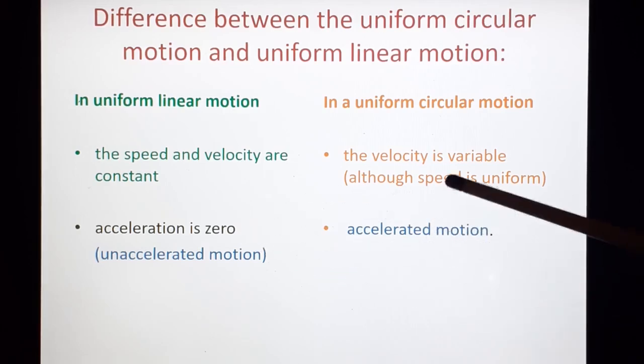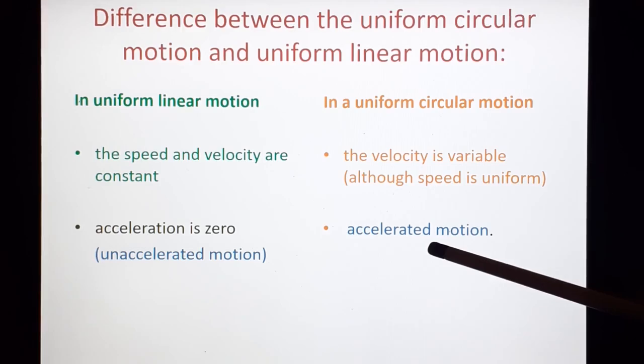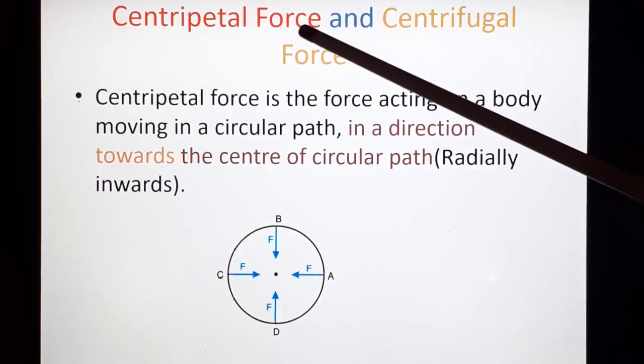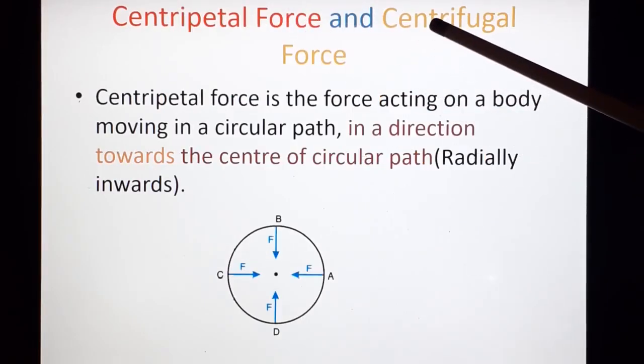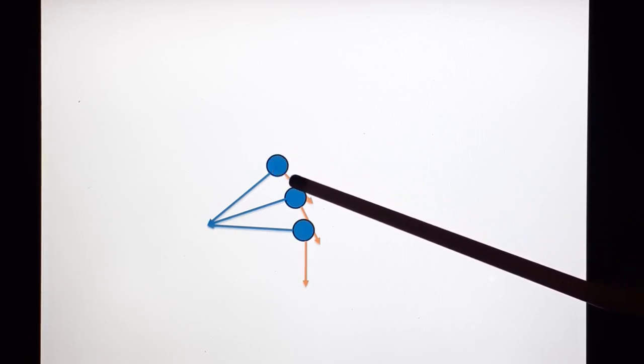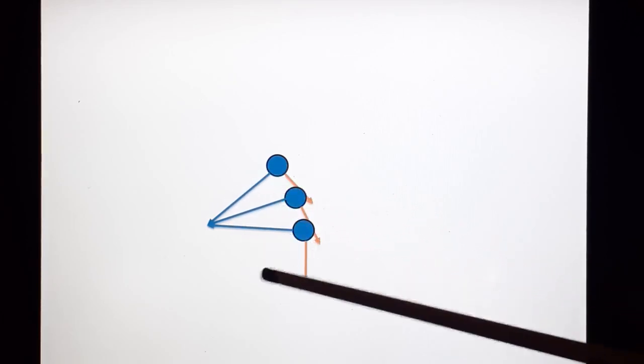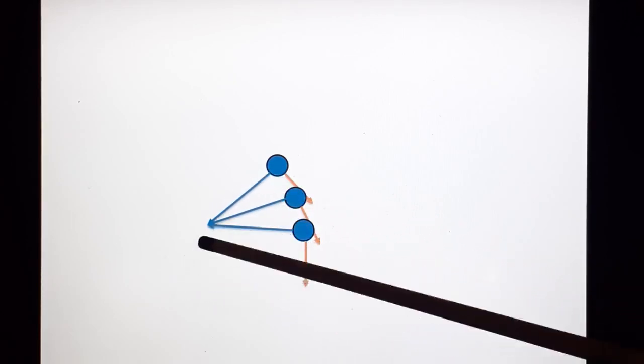Velocity is not changing, so acceleration is 0. In this case, velocity is changing, that is, direction is changing. So velocity is variable, so it is called accelerated motion. Now, centripetal and centrifugal force. From this example, we have understood the object was going straight, but we were applying force to change the direction at every point.